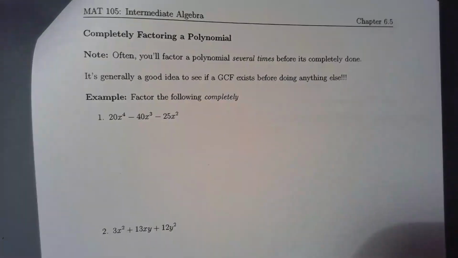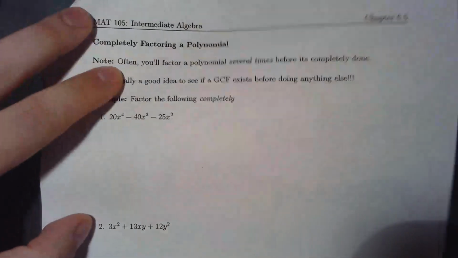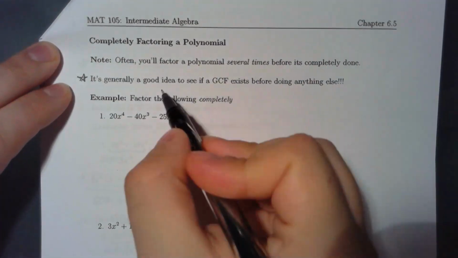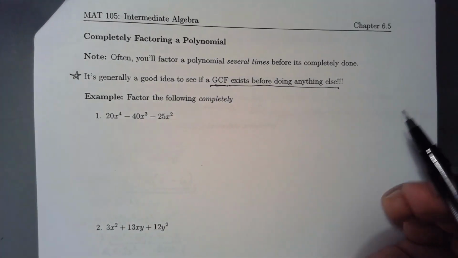Alright, so the last page of notes is kind of like a summary of these techniques that we've looked at so far. I stressed this in the previous section, but it's always a good idea to see if a GCF exists before doing anything else.